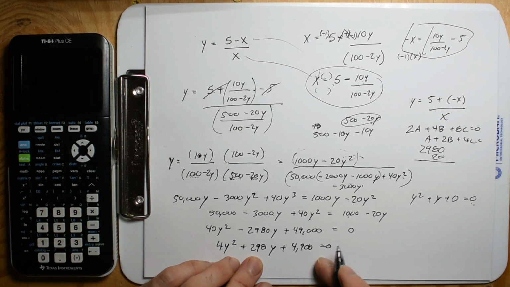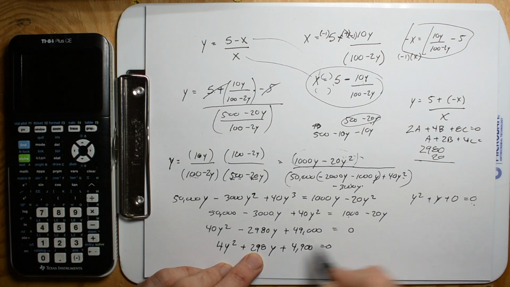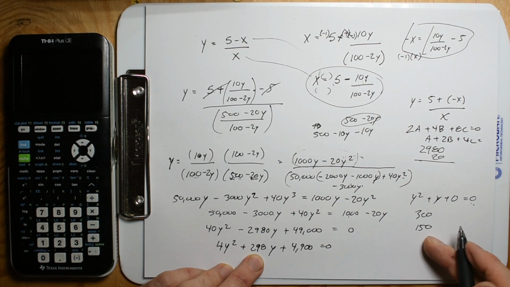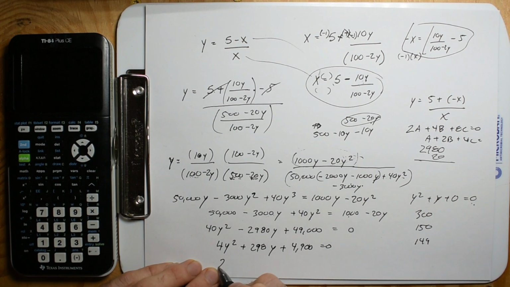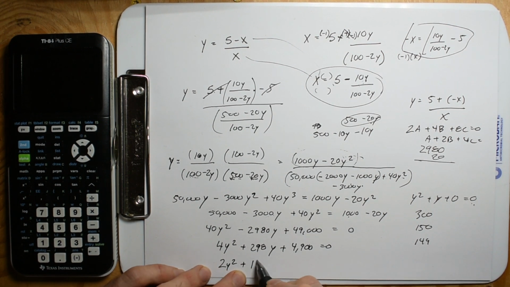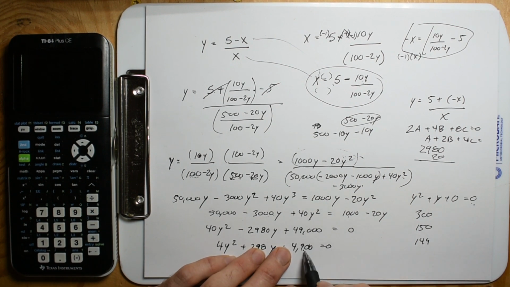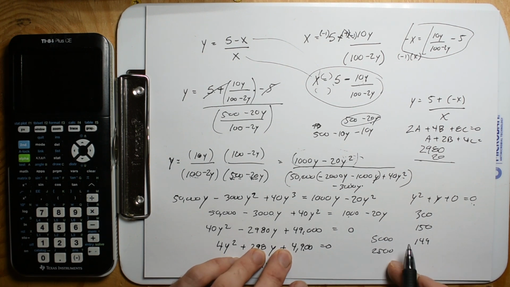And might as well go another step, 298. I'm going to try to not use my calculator. I know what 300 divided by 2 is. That's 150. So this is going to be 149. Alright, so let's do it one more time. So we got 2y squared plus 149y plus, well, I don't know, 5,000 divided by 2 is 2,500.